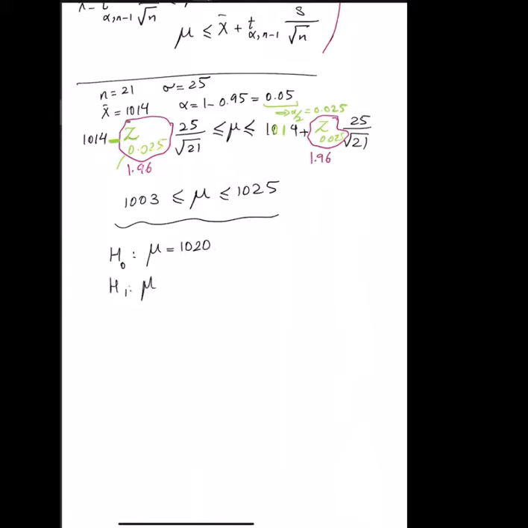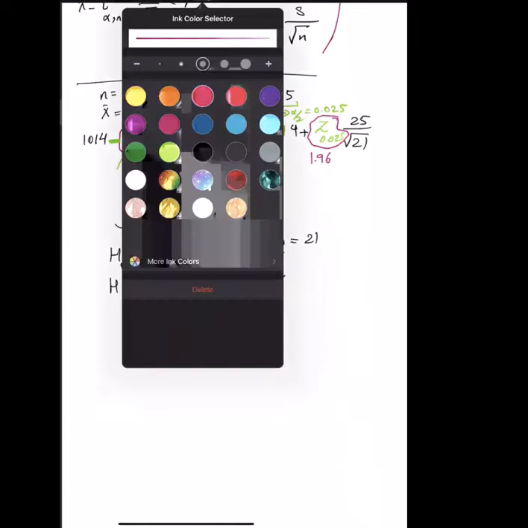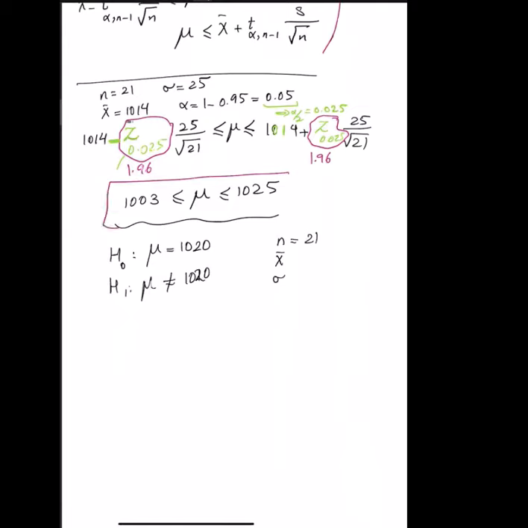And my alternative was that that's not correct. You have taken a sample of size 21. You calculated your average as given here. You have the standard deviation of the population, and this is the confidence interval that you have developed at the end of the day. Can you make a conclusion about this hypothesis test using this confidence interval?